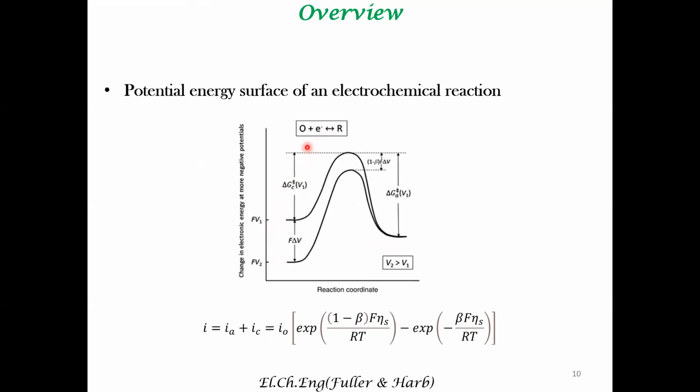And when you modulate the chemical potential of electrons by modulating the electrode potential, you're also changing the activation barriers, because the energy of the activated state is also changed. Because of such changes, the activation barrier changes, because of which the rates of electrochemical reactions also change. So all these concepts are incorporated into the Butler-Volmer equation.